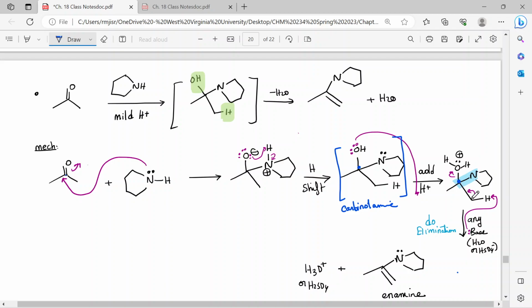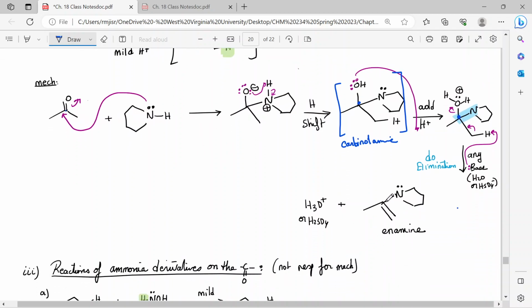And we want to form the most stable alkene, meaning the most substituted alkene. So the base in the solution, any base in the solution like water, HSO4 minus, or another mole of the secondary amine, will take the hydrogen. You're doing elimination here. It's going to come and take the beta hydrogen. It's going to form a double bond and kick out the water.